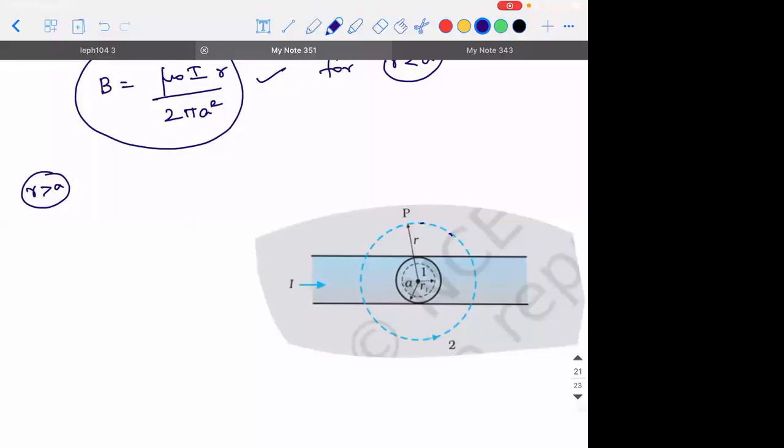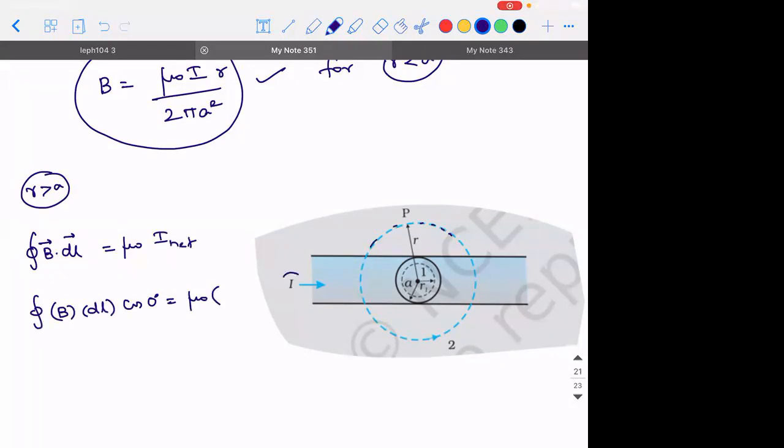So the line integral of B vector dot dl vector is equal to mu naught into I net. So the line integral of B into dl into cos 0 degrees will be equal to mu naught into this region is going to cover the total current I in the conductor. So here it is going to be I, because the total current is distributed only in this area.